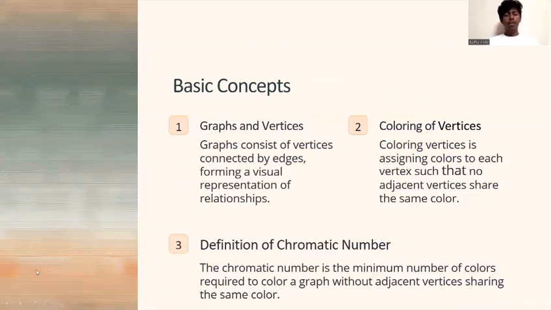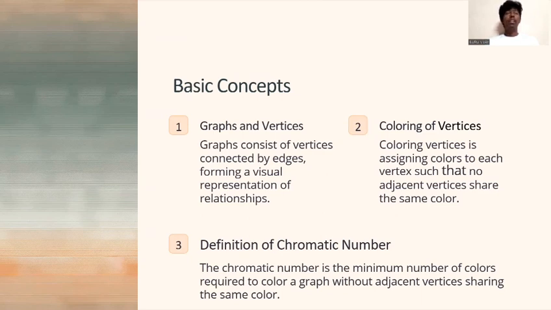What are the basic concepts of chromatic numbers? Before going to chromatic numbers, first we need to know about graphs and vertices, the coloring of vertices and the definition of chromatic numbers. Graphs and vertices: graphs consist of vertices connected by edges, forming a visual representation of relationships.